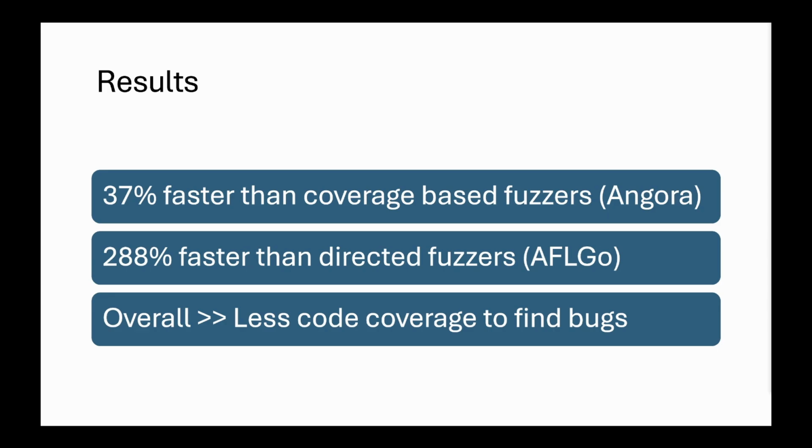Overall, ParmeSan is able to discover bugs significantly faster than some of its inspirations, and this improvement mainly comes from focusing the fuzzer's efforts on sanitizer instrumented code rather than just blindly maximizing coverage, which we find in Greybox techniques.